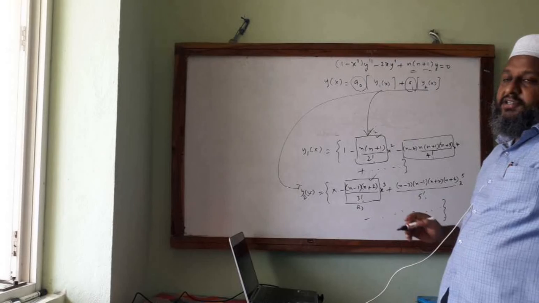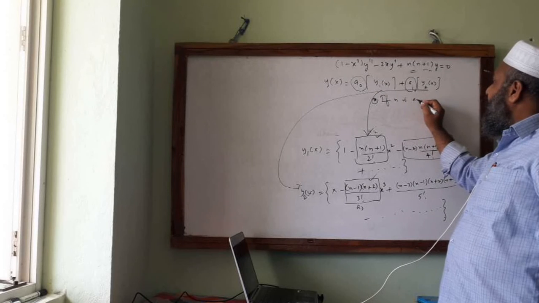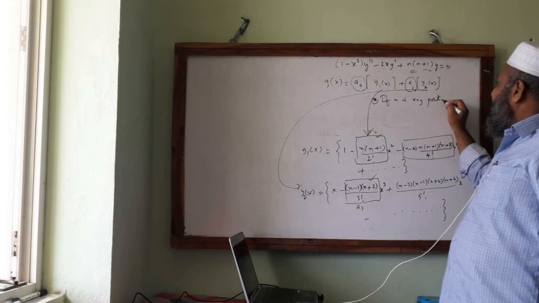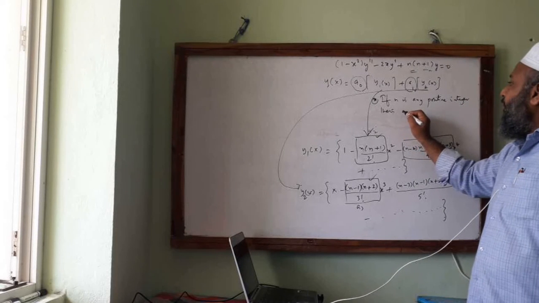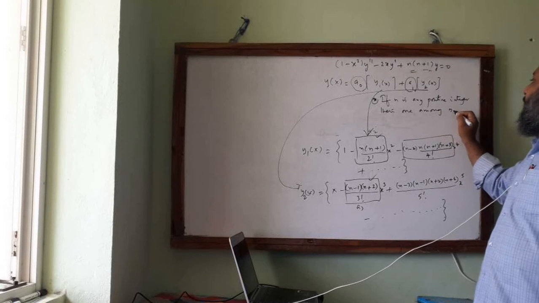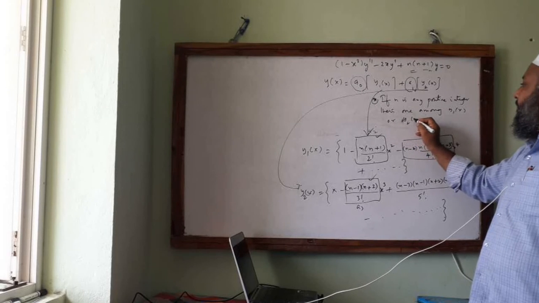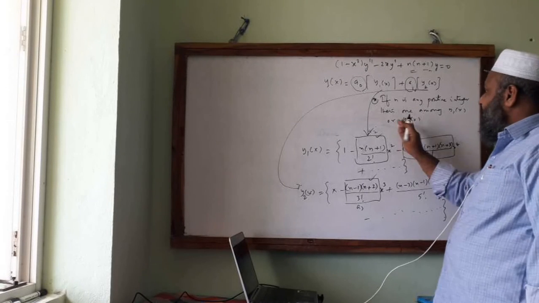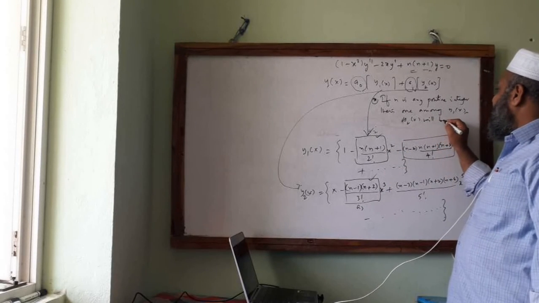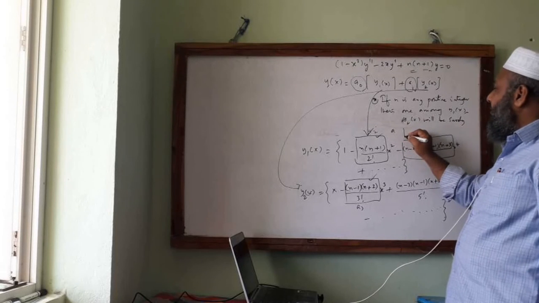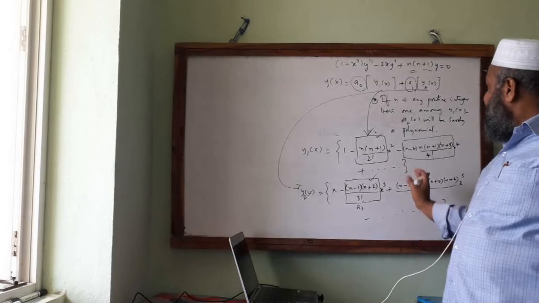If n is any positive integer, this is a very important point to be noted, then one among y1 of x or y2 of x, one among these two will be surely a polynomial. Let's see how it will be a polynomial.